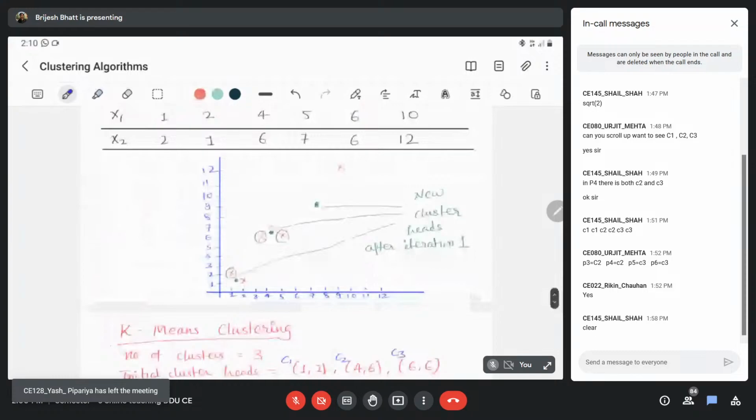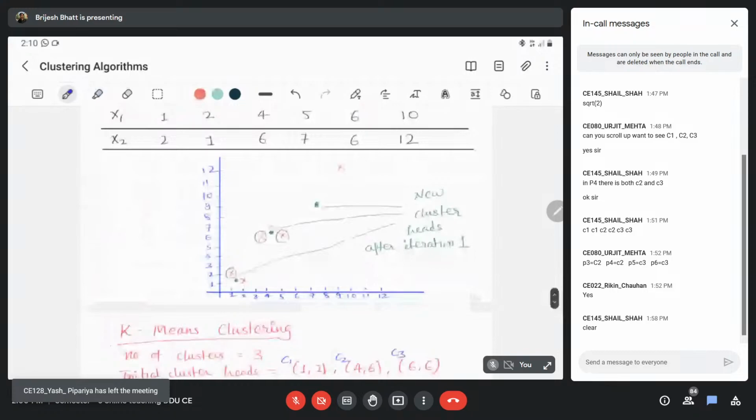This is data point 1, 2. This is data point 2, 1. This is data point 4, 6, 5, 7, 6, 6, and 10, 12. So this is our data.